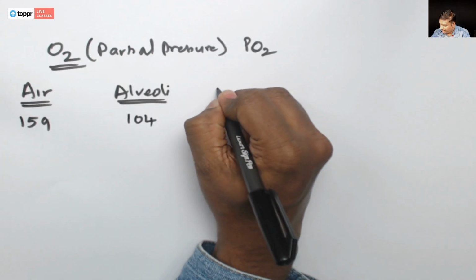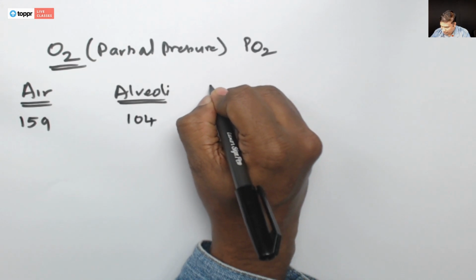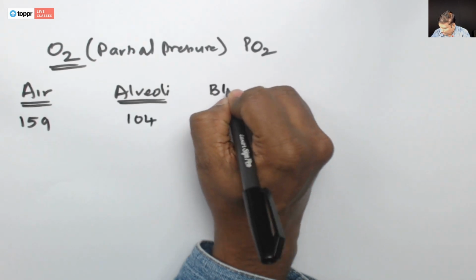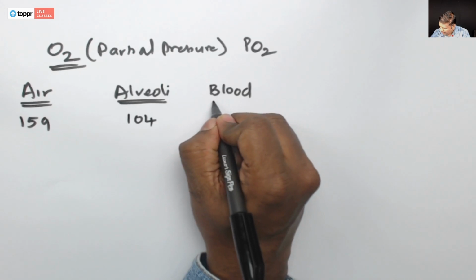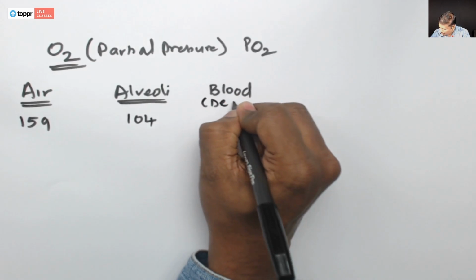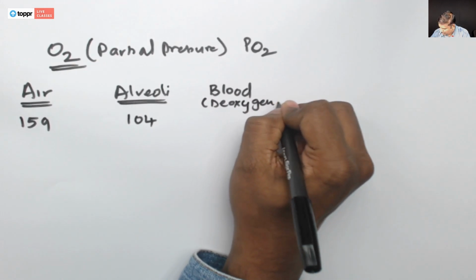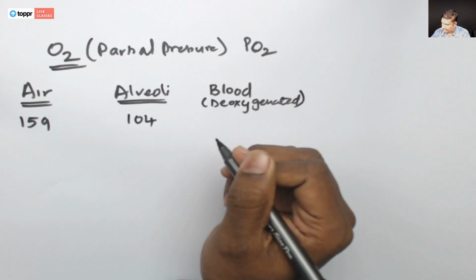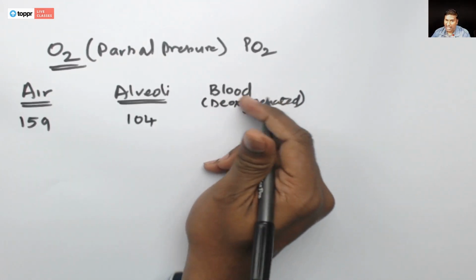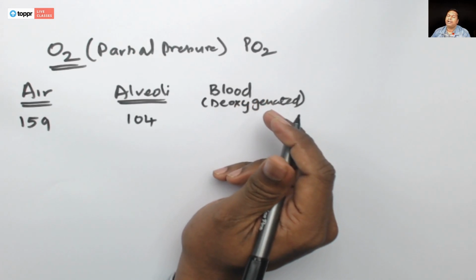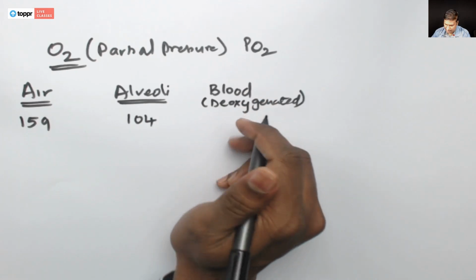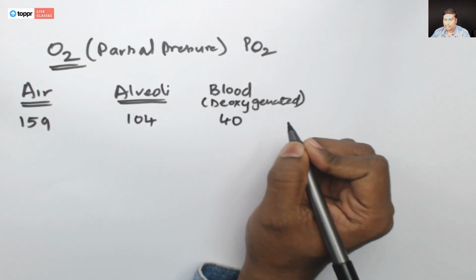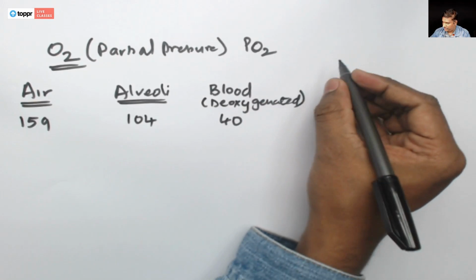Okay, and in the blood, so when the blood is deoxygenated, that is without any oxygen, that is if the RBCs don't have any bound oxygen, and the blood is devoid of oxygen, then the pressure is 40 mm of Hg.